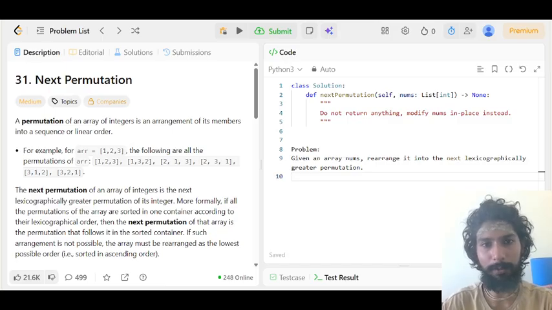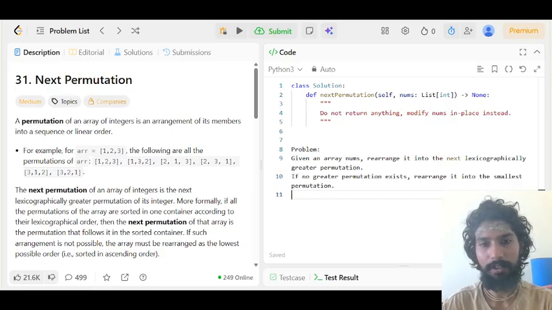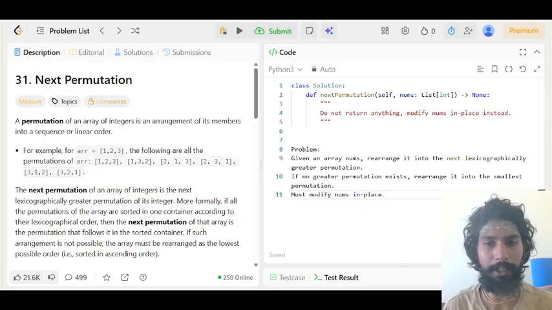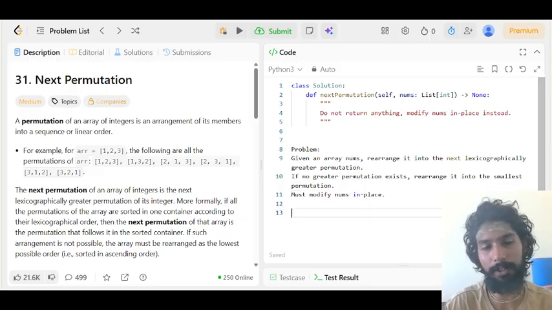And if no greater permutation exists, rearrange it into the smallest permutation. And the condition is that we must modify numbers in place. We can't copy it into another array and then do the modification. We must modify in place.